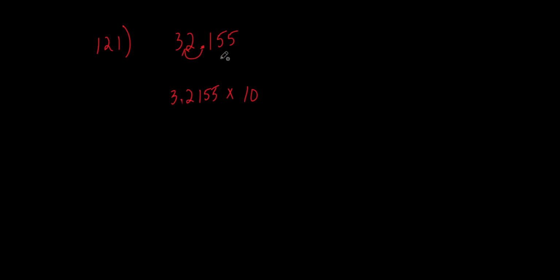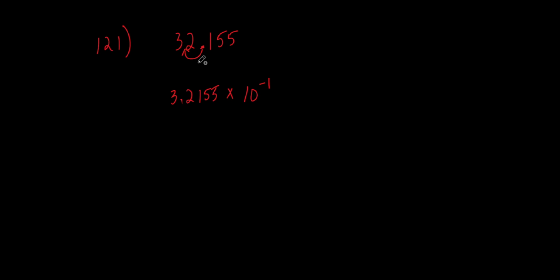We took 32 point something, we made it into a 3.2. So what kind of a number is going to be my exponent? It's going to be a negative exponent. How many places did we move it? Just one, so this is just going to be to the negative first. Does that make sense? Give me another one. Don't give me the actual number, the problem number. Give me the actual problem.